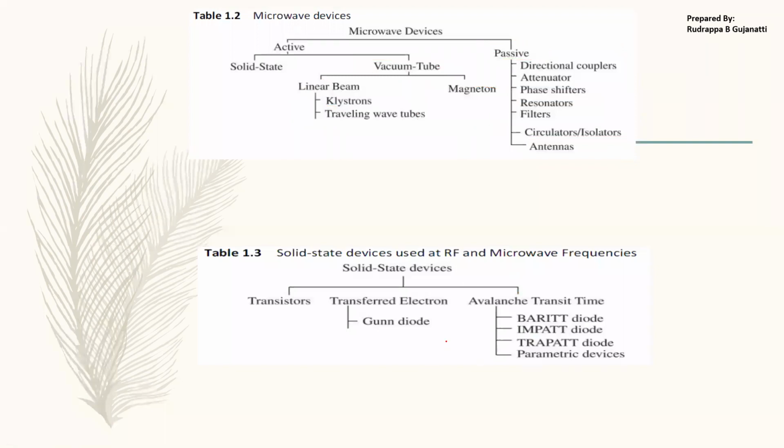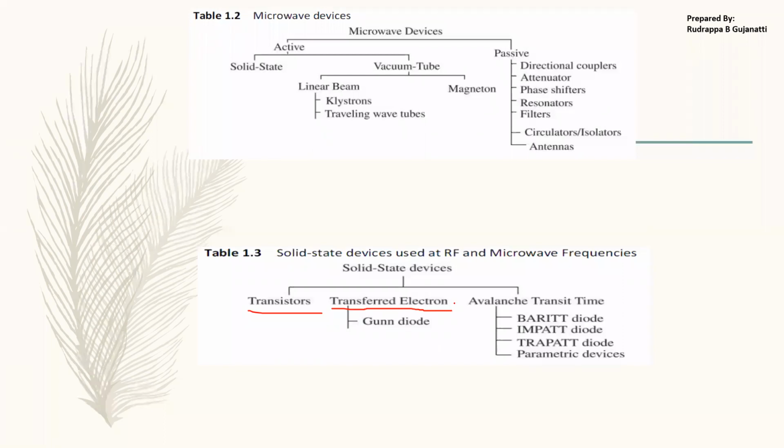Next we have solid state devices which are used at RF and microwave frequencies. We have transistors which are utilized in RF and microwave; generally at RF we make use of transistors. Then when we go for different devices, there is the concept of transferred electron.